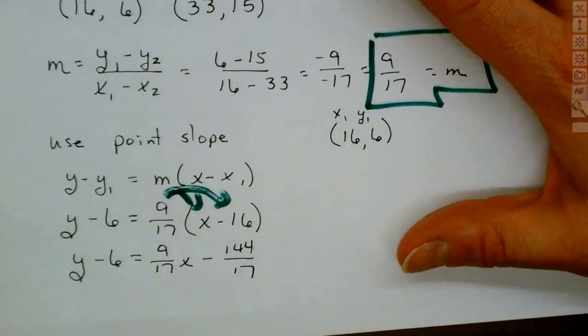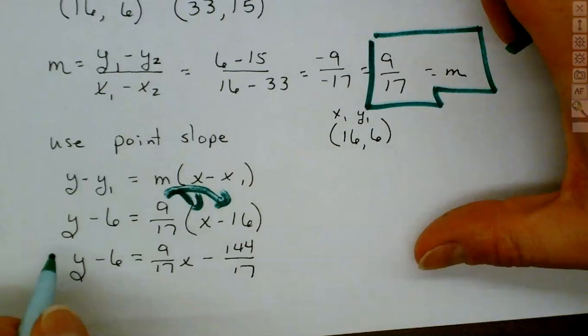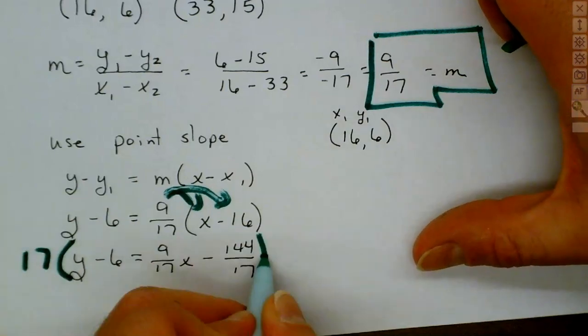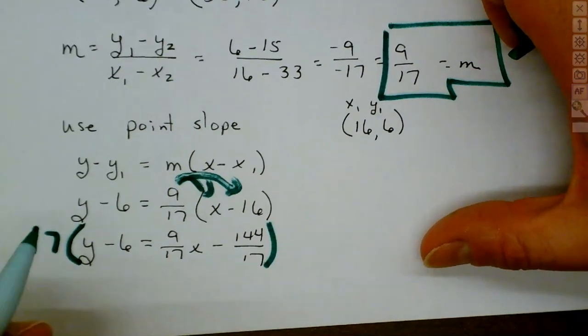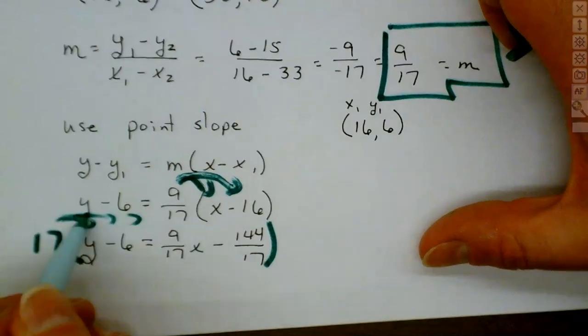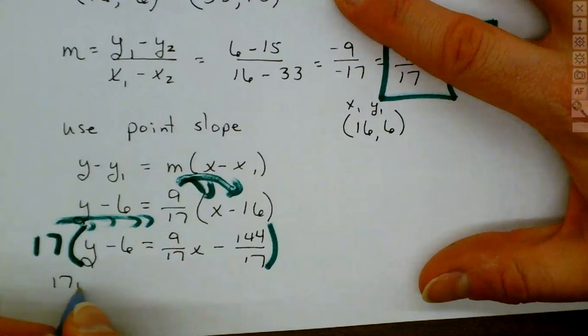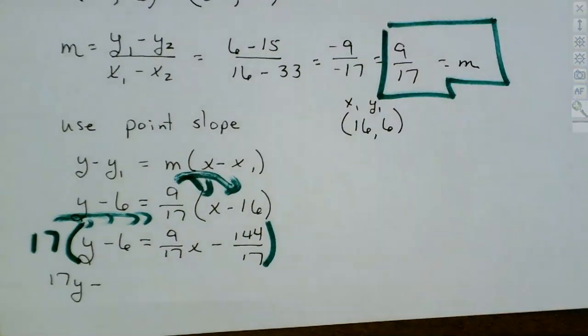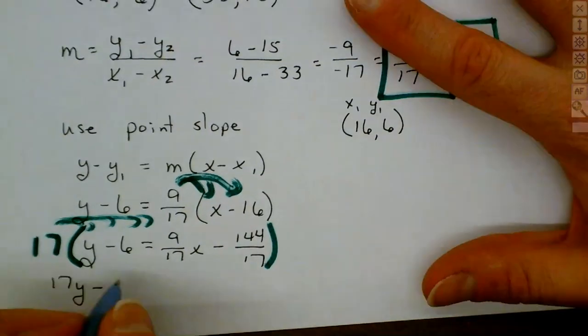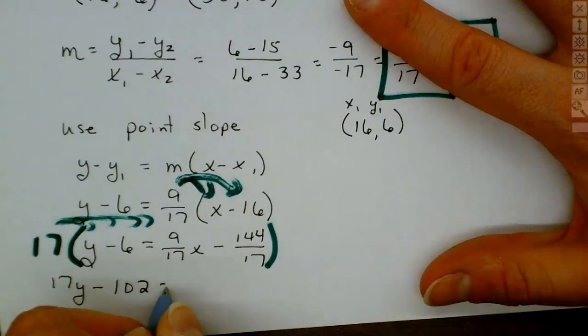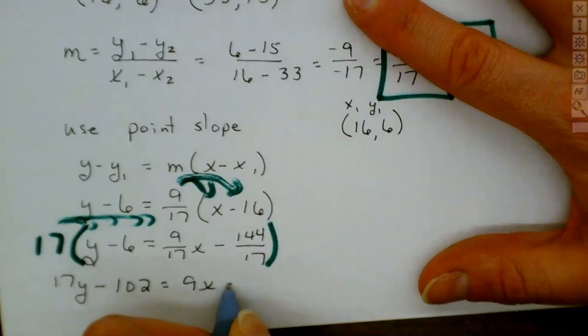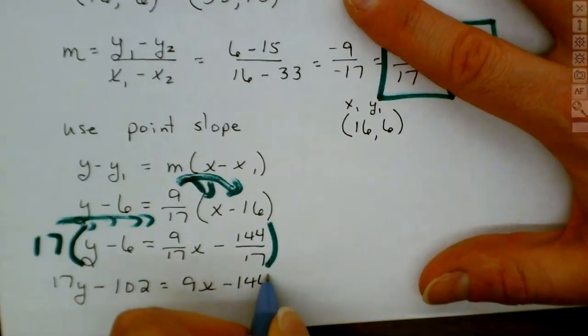over 17. Clear out the fractions by multiplying it by 17. It's going to clear all those fractions out. We now have 17y minus, we've got 17 times 6, that's 102, equals 9x minus 144.